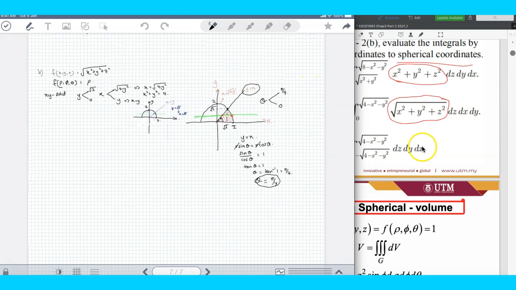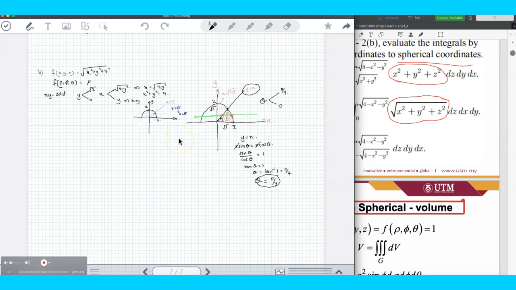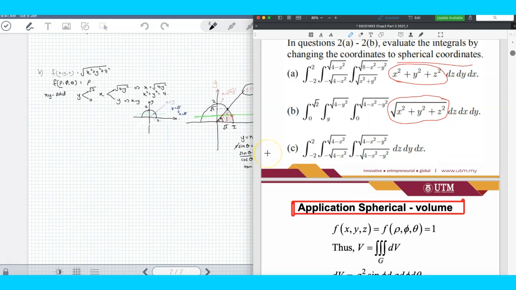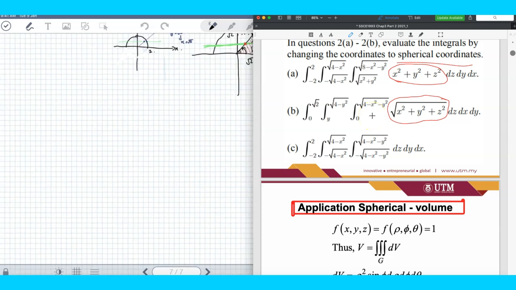To get rho and phi, you have to look at the solid. For spherical, it's not the same as cylindrical. For cylindrical, you can get r and theta from the region, but z you have to find from the solid. But in spherical, you can only get theta from the region. The other two variables, you have to find from the solid. So we have to investigate what the solid looks like.